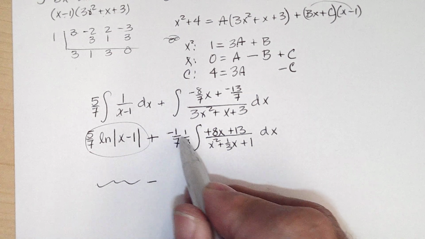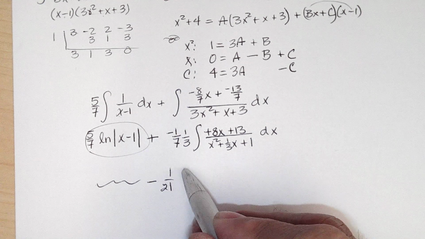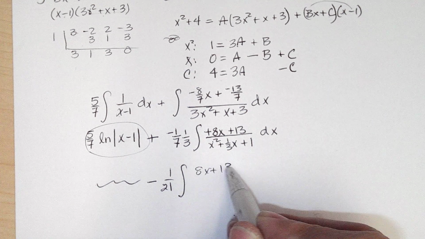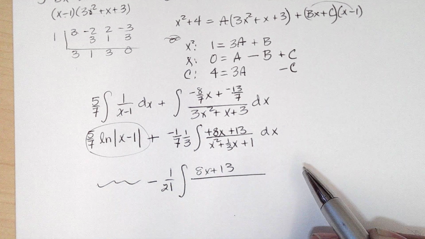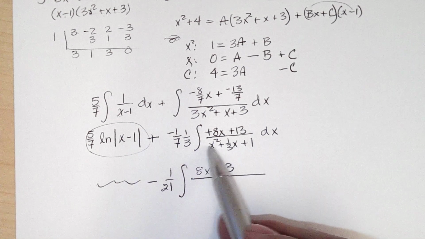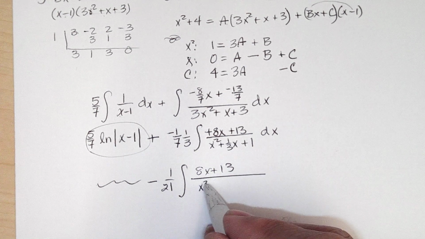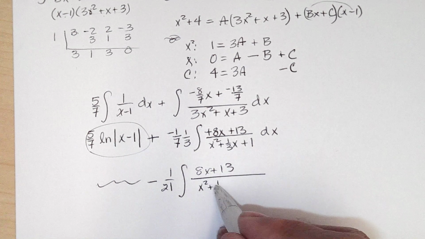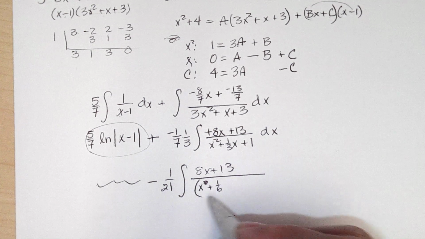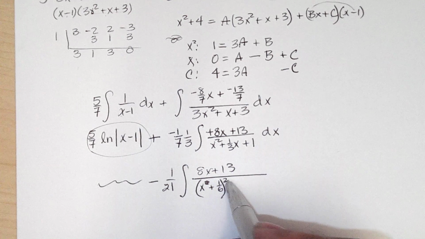Minus 1/21 integral 8x plus 13 over, now if you remember completing the square, if this is a 1, you take half of this, so I'm going to go x squared plus half of 1/3, and I'm going to put that in here and square it.